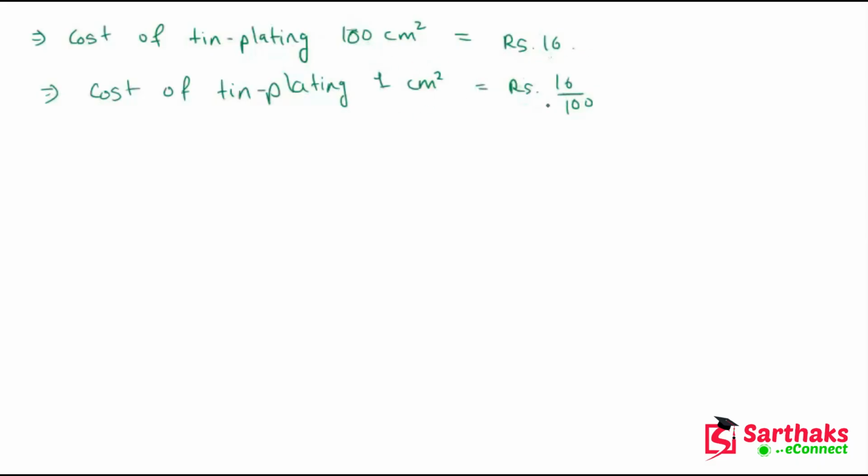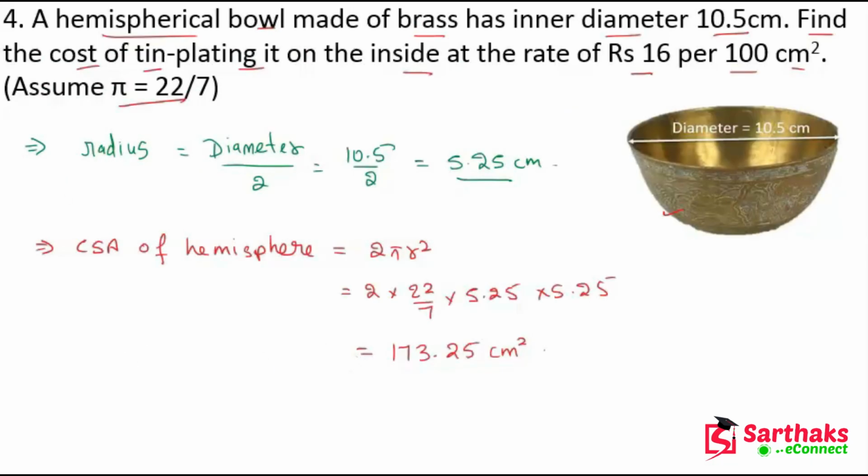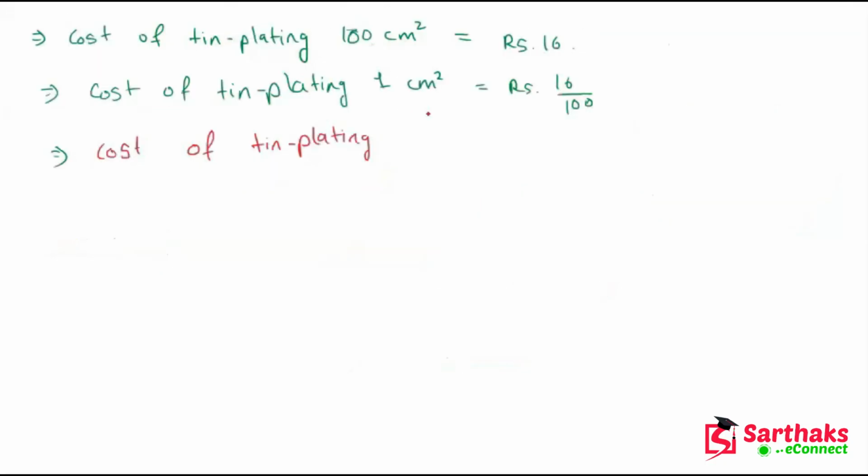Now we have to find the cost of tin plating for 173.25 centimeter square. So this will be rupees 16 upon 100 into 173.25. After solving this, here we get rupees 27.72.